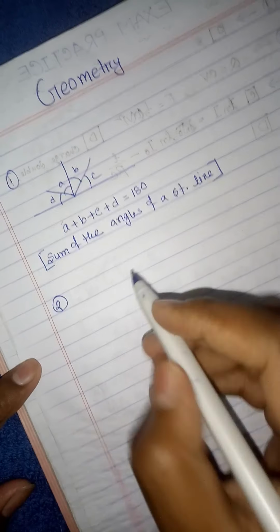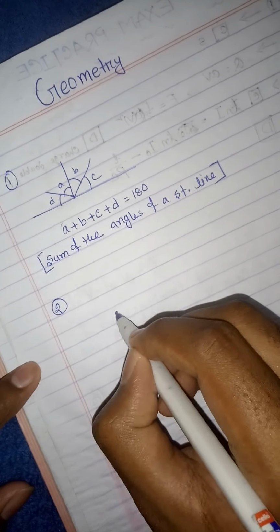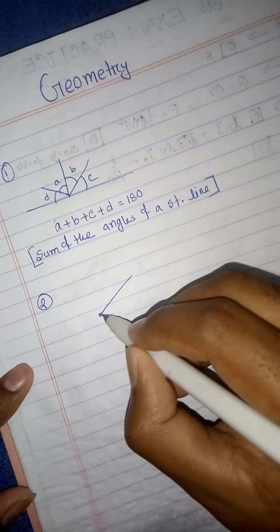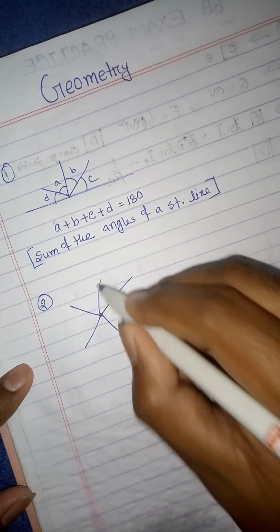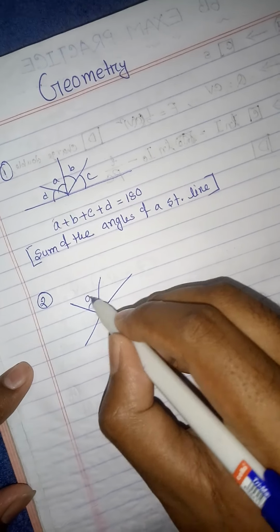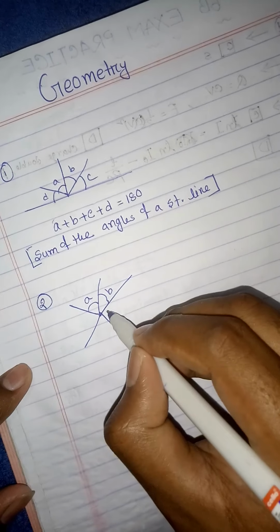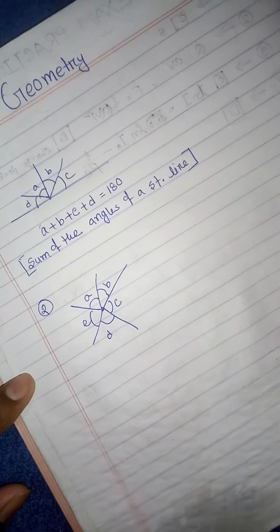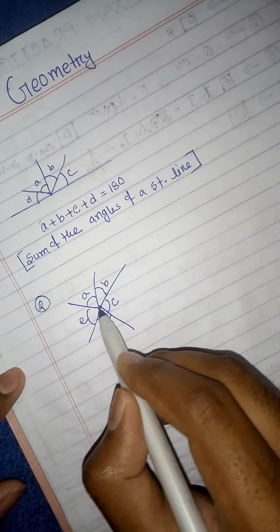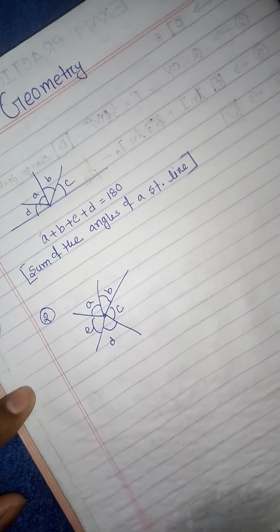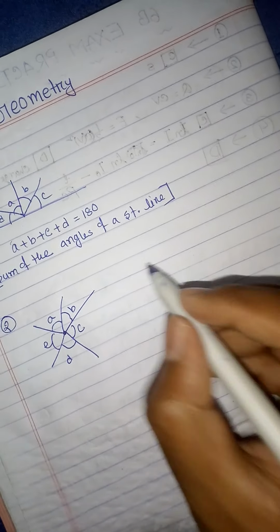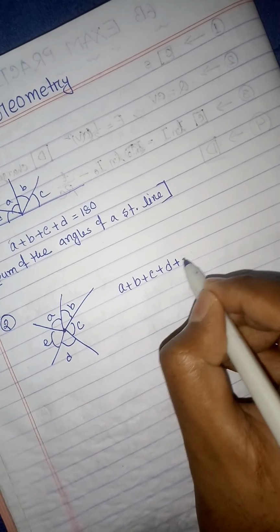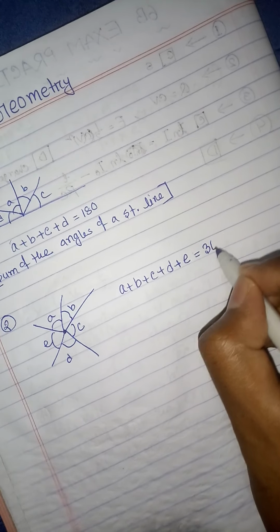Formula number 2: from any point, if angles form like this, say A, B, C, D, E, these are the angles from a point. Then the formula will be A plus B plus C plus D plus E equal to 360.